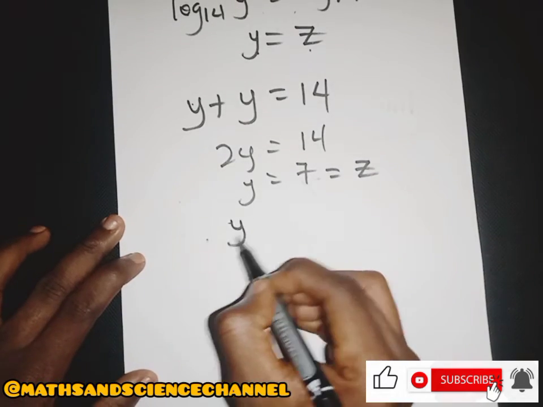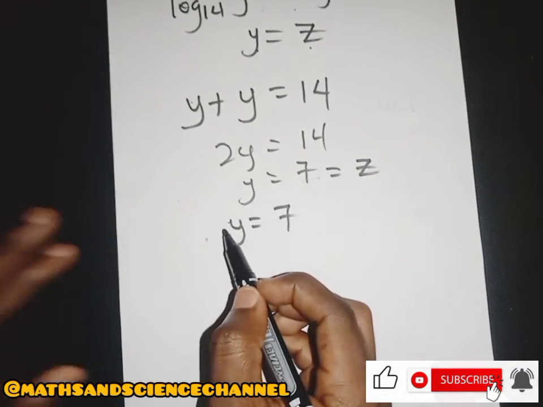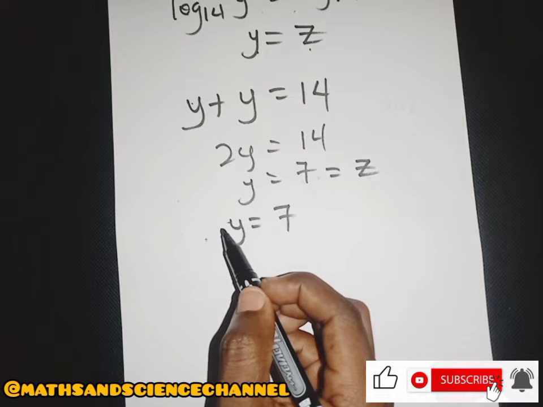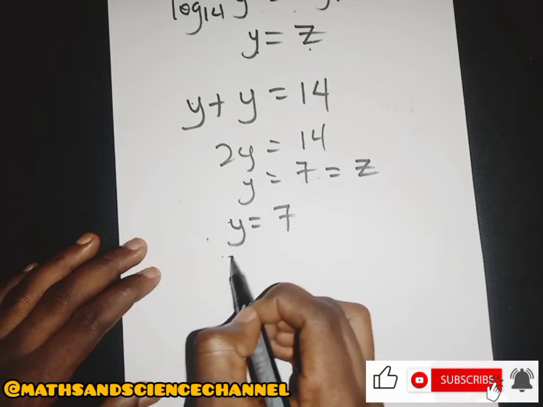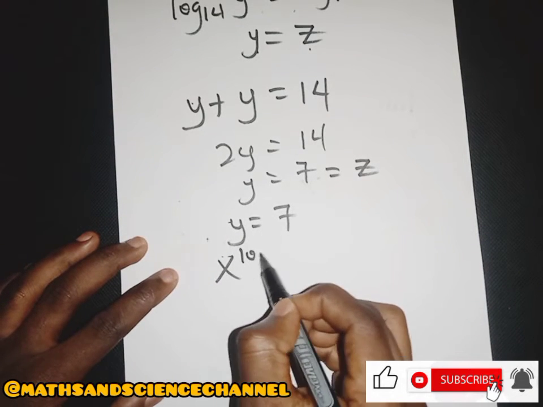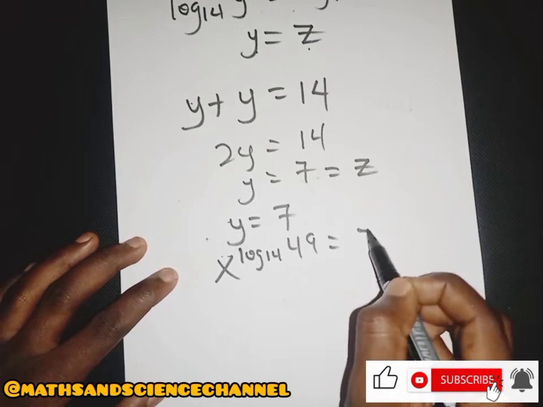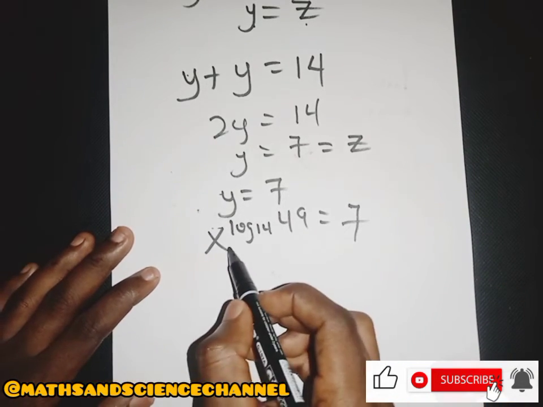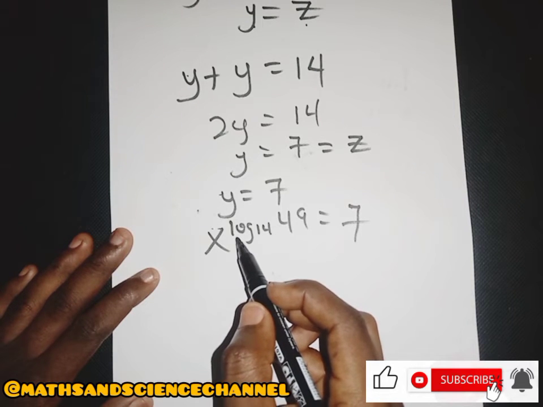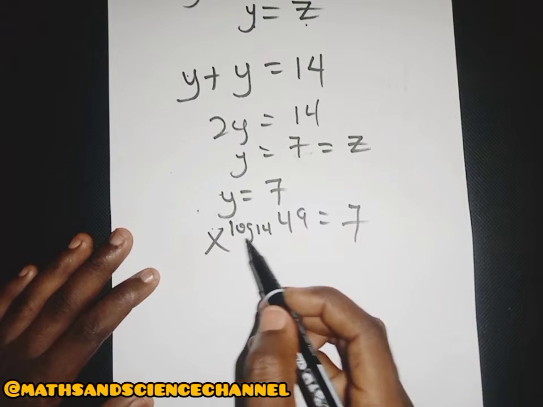we said from the other equation that y equals x to the power log base 14 of 49, being equal to 7. In this case, what we can do is take log of both sides to base 14.